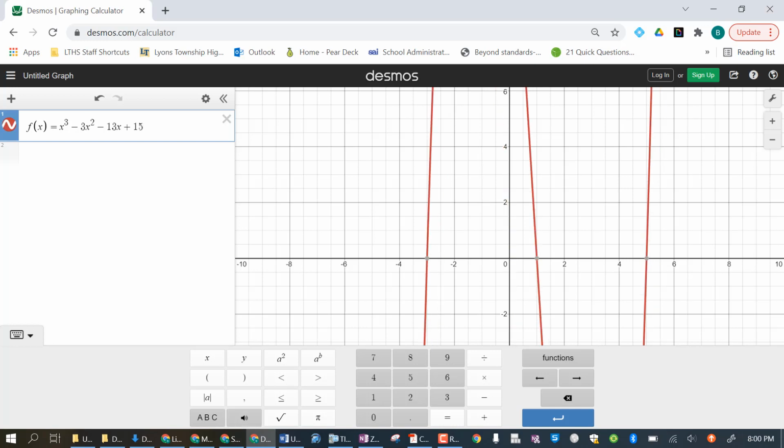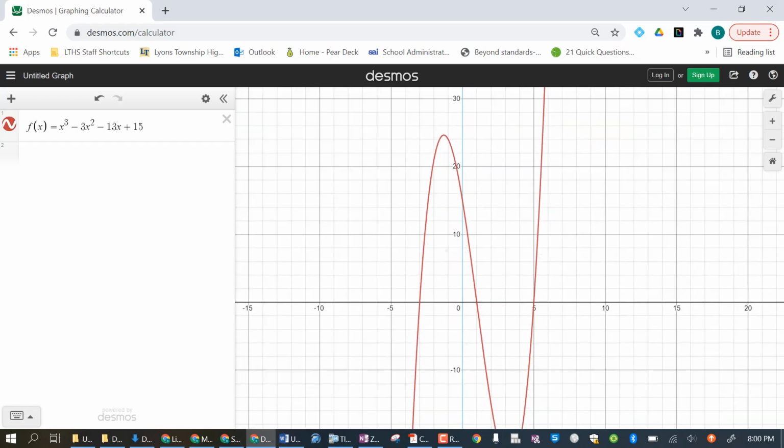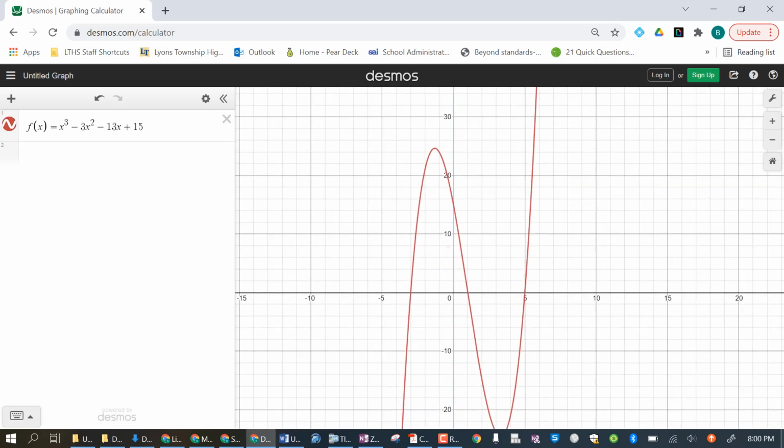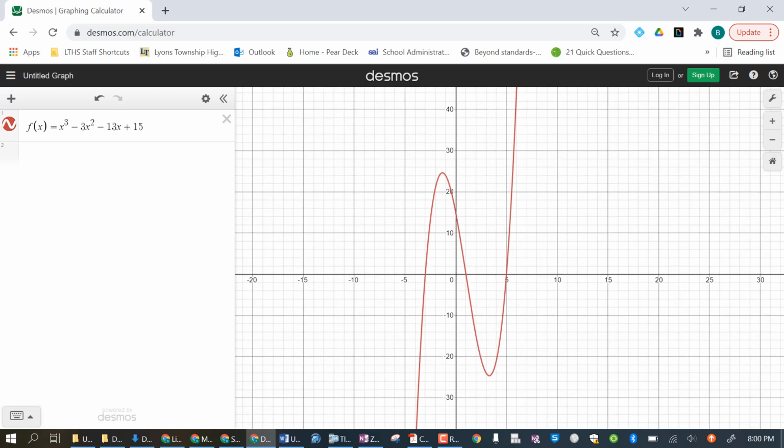All right, so I'm going to lower my keyboard and I'm going to zoom out a little bit so I can see my entire function. And so I can see I have 3 zeros here, here, and here. So in this case, my 3 zeros would be -3, 1, and 5.